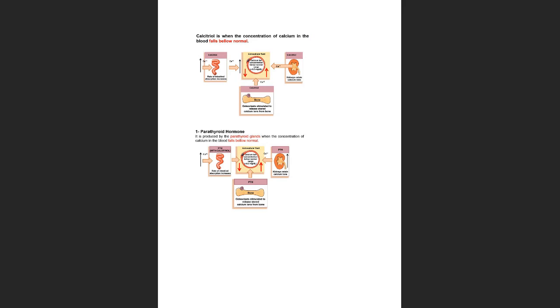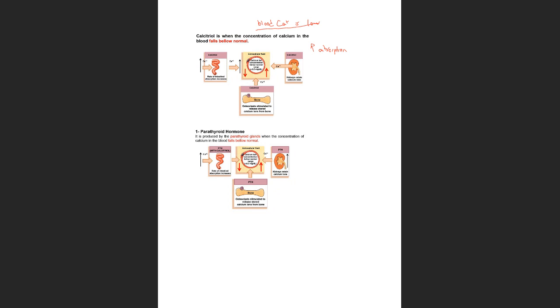So calcitriol and parathyroid hormone do the same exact thing for the most part, okay? So with the intestines, we increase absorption. Why? Because blood calcium is low. We do not want blood calcium to be low.